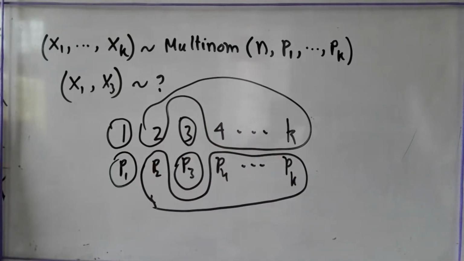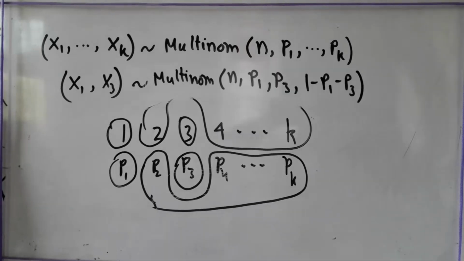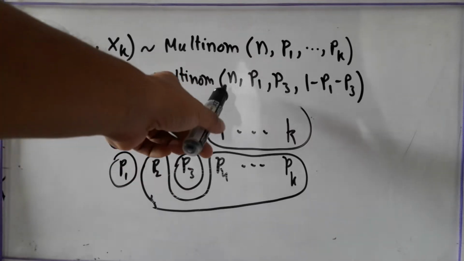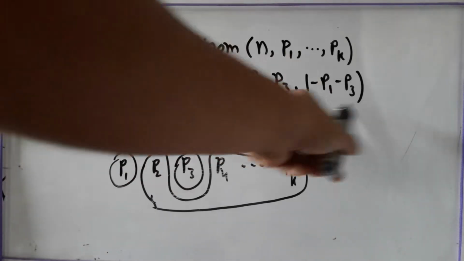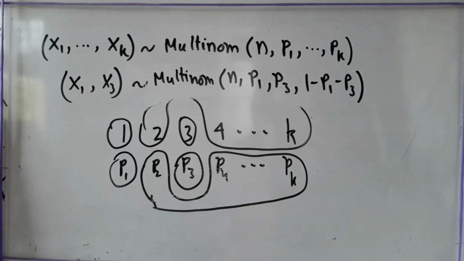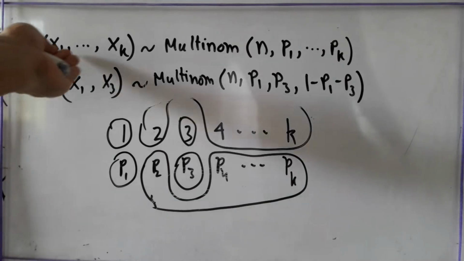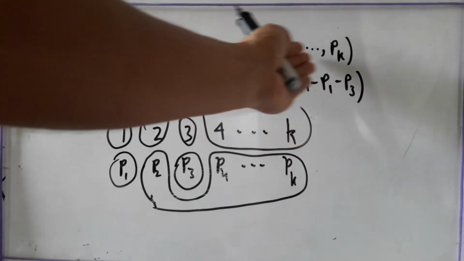Once you think in this way, it should be just immediately apparent that x1, x3 is multinomial n, p1, p3 and all the things lumped together, that is 1 minus p1 minus p3. Now there is a little problem in our notation, because in our notation we are having as many xi's as there are pi's.